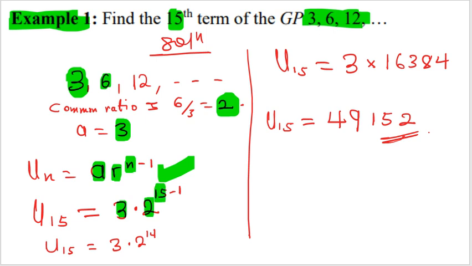We have U15 equal to 3 times 2 to the power 15 minus 1, which is 14. And when we multiply everything, that is the answer. So our 15th term is going to be 2949152. That is the solution.